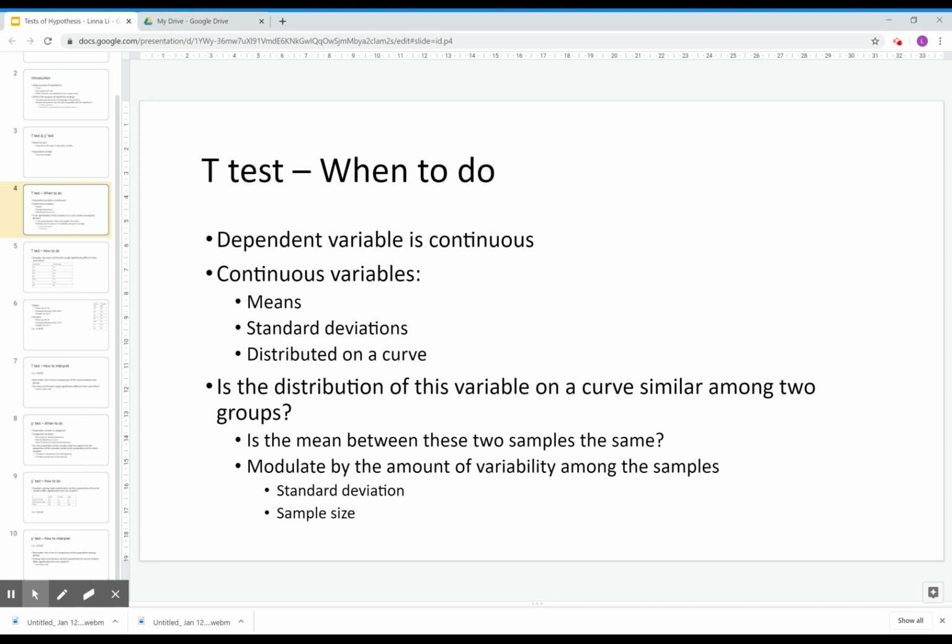In order to meaningfully interpret the difference between these means, we need to modulate our calculation by the amount of variability within our groups, which is captured in the language of biostatistics using standard deviation. We also need to modulate our calculation based on the sample size, since variability is more unpredictable and has a larger proportionate effect in smaller sample sizes.